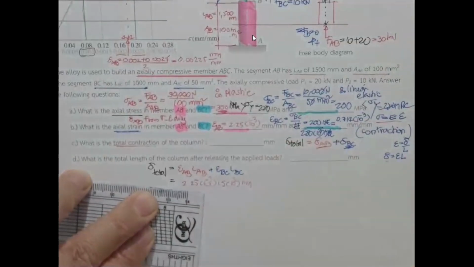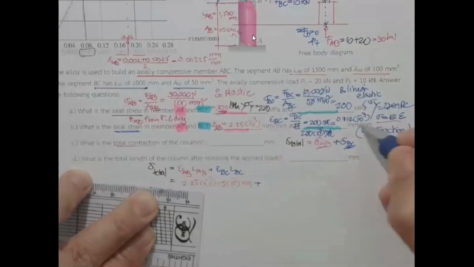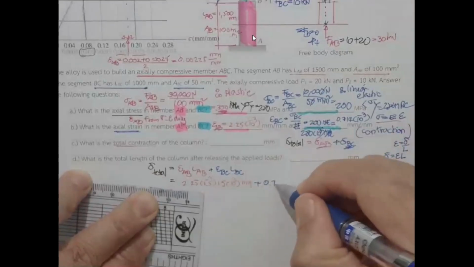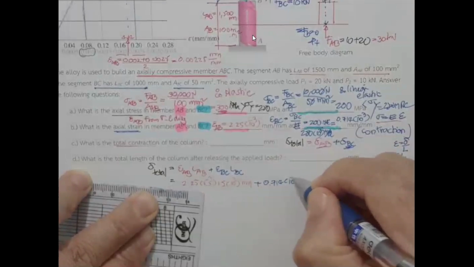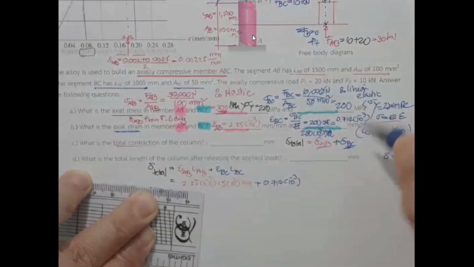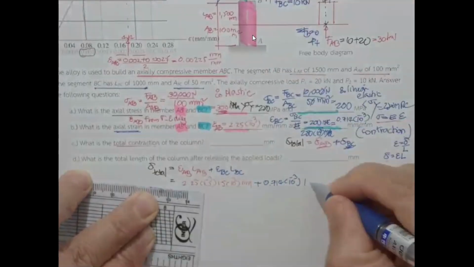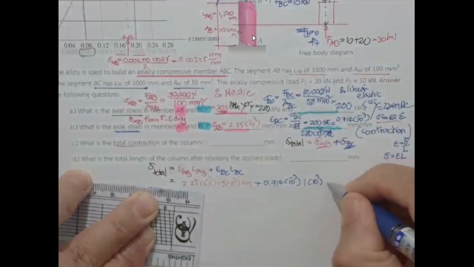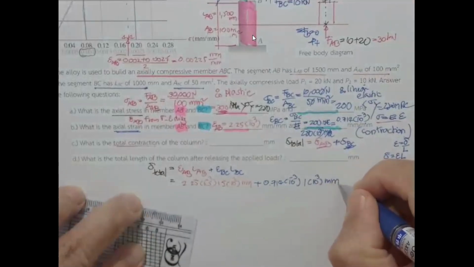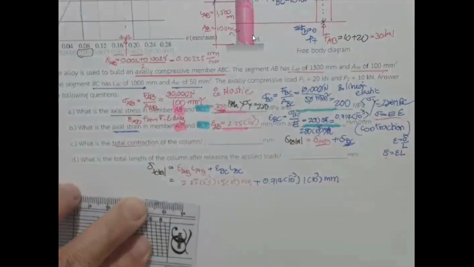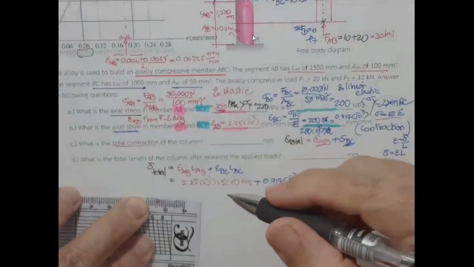And then we have this strain 0.714 times 10 to the minus 3, and the length over here is 1 times 10 power 3 millimeter. You put everything together.